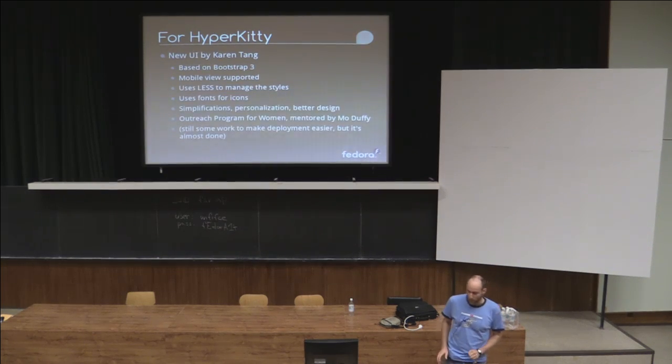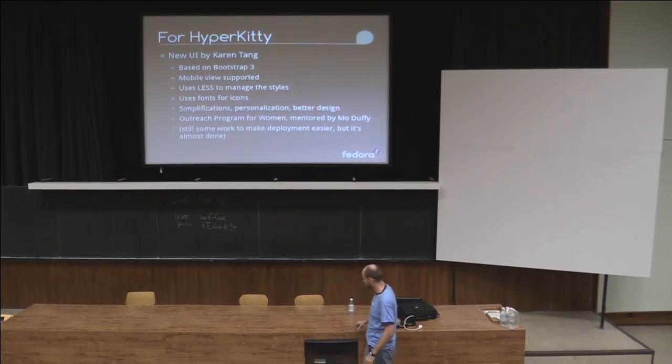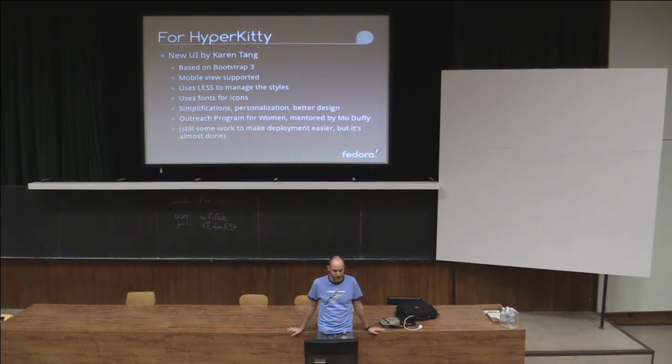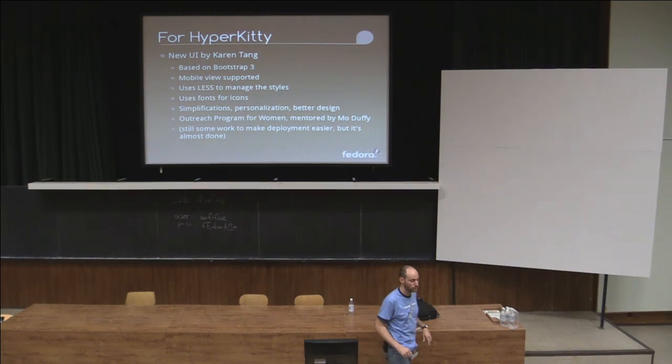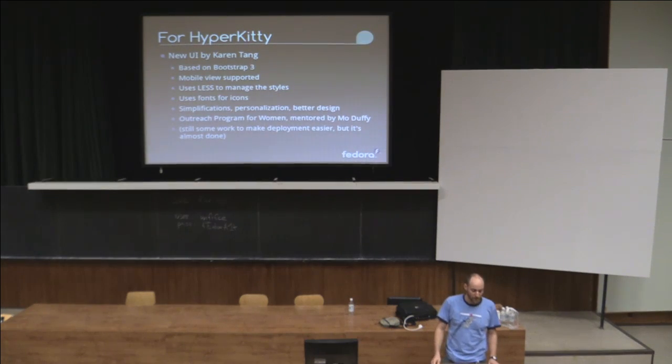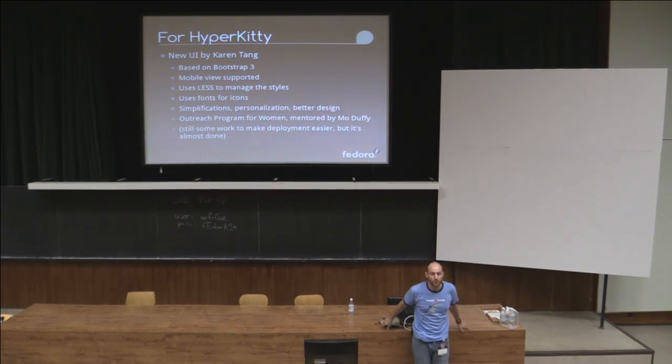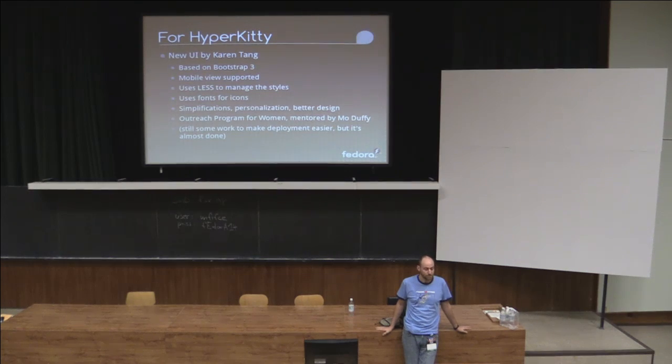One of the main new features since last year is the new UI, which has been developed by Karen Tang. I don't know if she's here yet. She did a talk about user interface right before this one in another room. The new UI is based on Bootstrap 3.